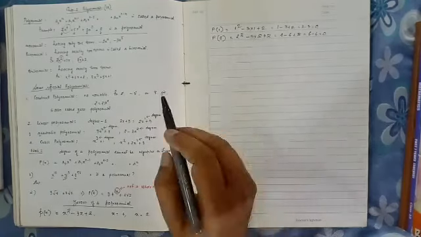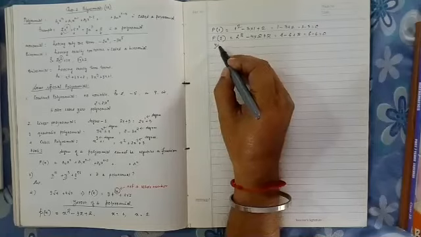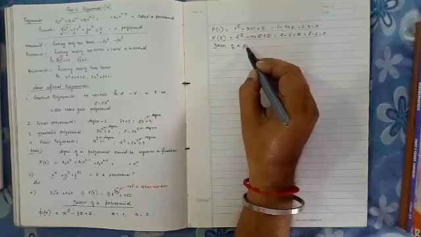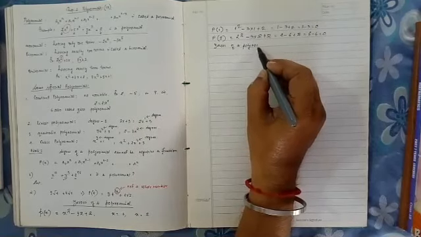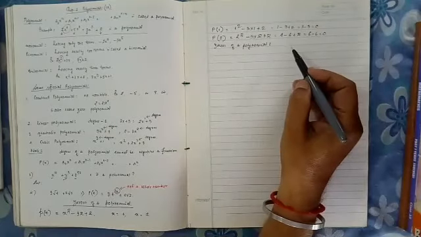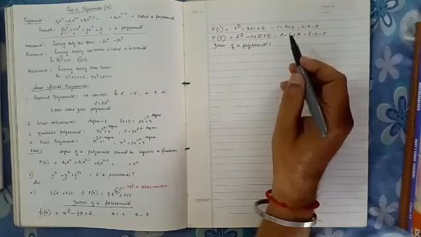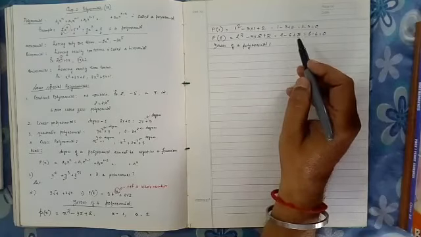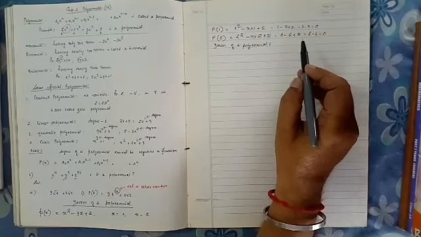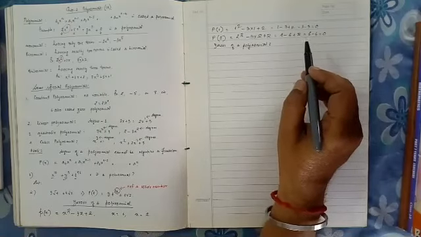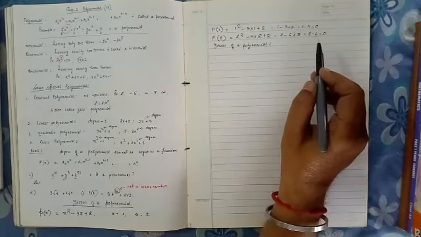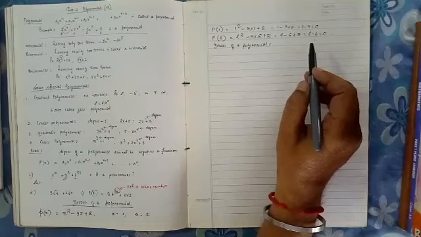So now we come to know what are zeros of a polynomial. The value of the variable x for which the polynomial p of x will be equal to 0 is called the zero of the polynomial.